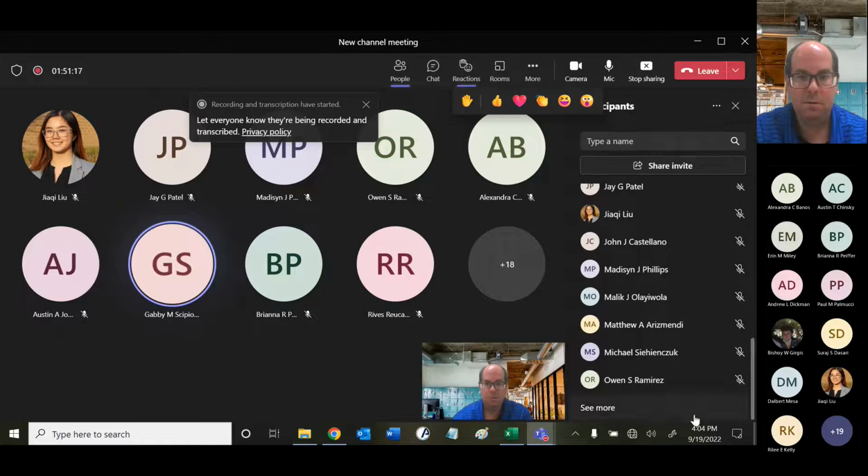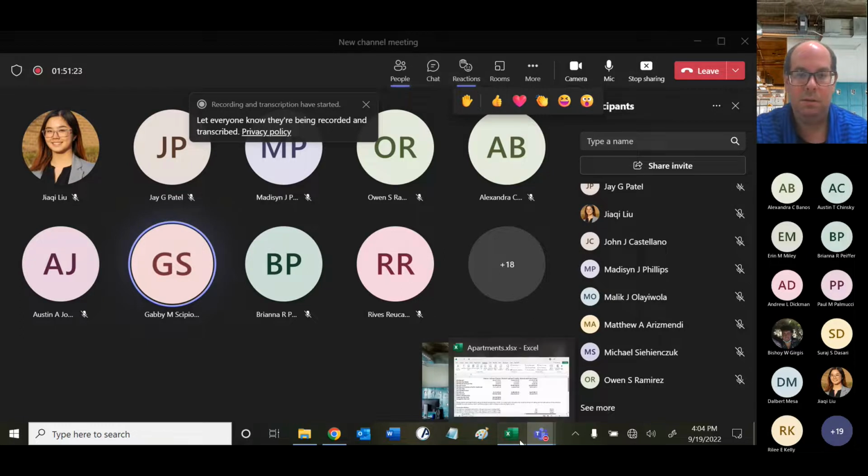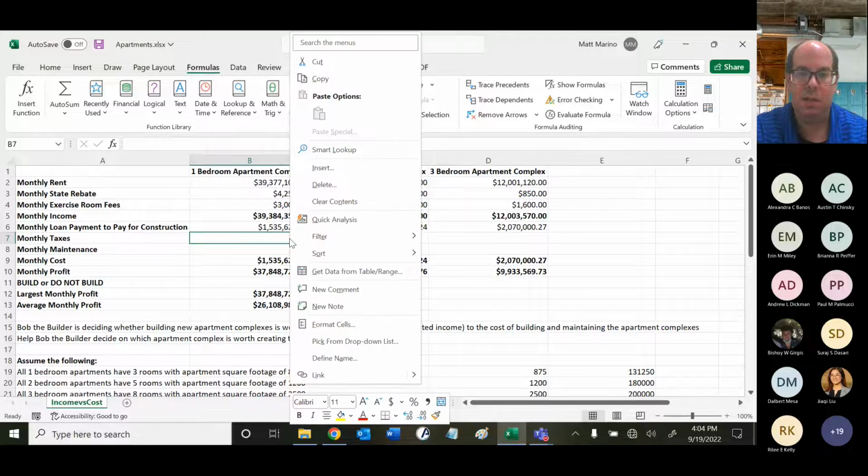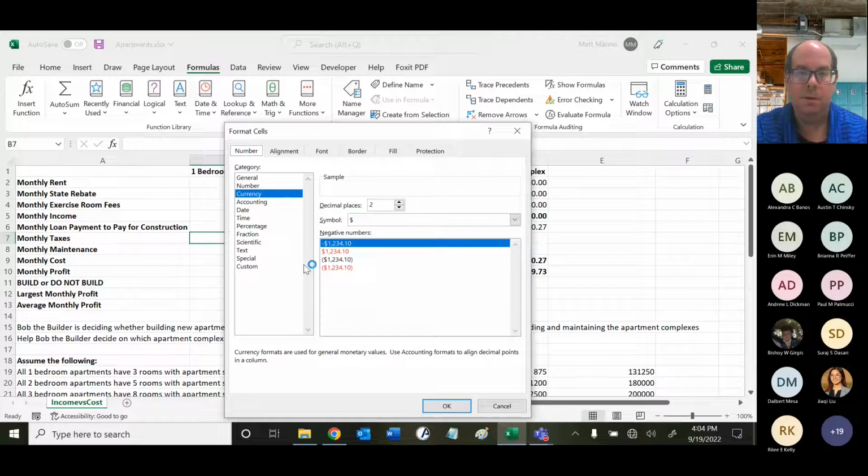I have a random question. Okay. When I put stuff in that's like a half, like 10.5 or something of the sort, it rounds up. Is that supposed to happen? So you can simply change that by right-clicking, format cells, and whether it's currency or number, it might say 1 decimal place or 0 decimal places. You could change it.